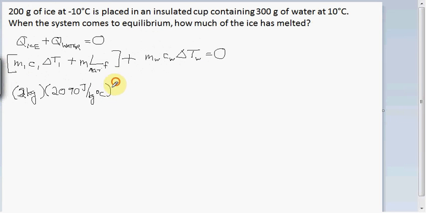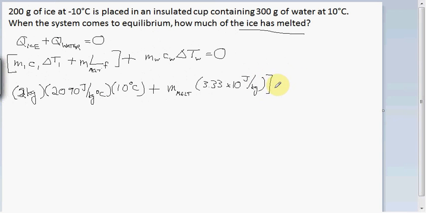Times the change in temperature, which is 10 degrees Celsius, since it's going from minus 10 up to 0. Since the temperature is rising, that's a positive 10 degrees for delta T. Plus the mass of the ice that actually melts, which is what we're trying to calculate. So that's m melt times the latent heat of fusion of ice, which we looked up. That's a big number: 3.33 times 10 to the 5th joules per kilogram. We're doing all of this in SI units.